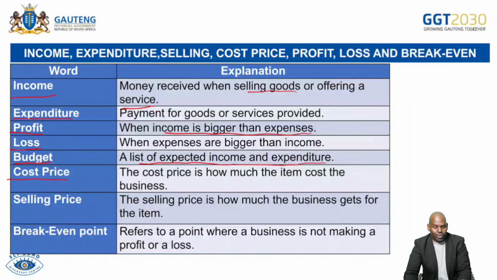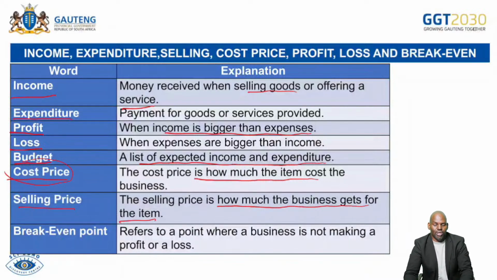Then, of course, cost price. You can say it's how much the item cost the business. That will be the cost price. And then selling price is how much the business gets for the item.